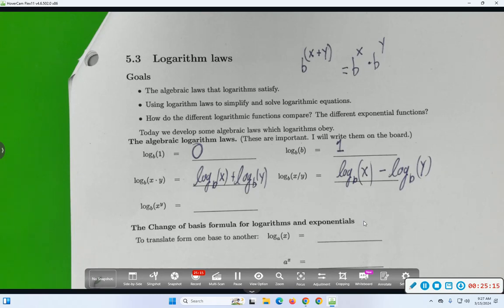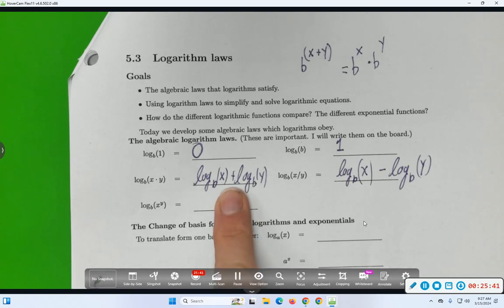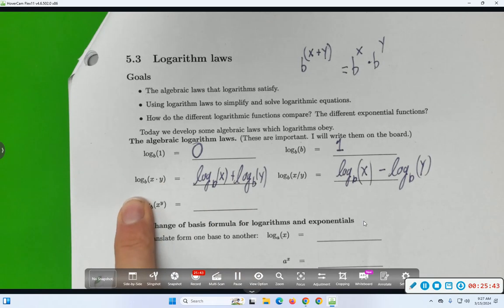So if you want to now multiply two big numbers together, here's what you can do. You get yourself a book of logarithm values, because these books used to be relevant. You would have a book that's just a giant table of the log of this number is that number. So you'd go there, you'd say, oh, okay, the log of this number is that, log of that number is that. Now I need to add those two numbers together. Now I know what the log of the product is.